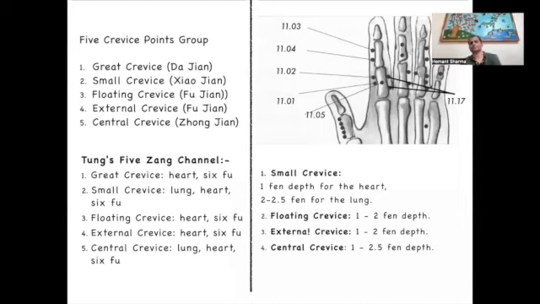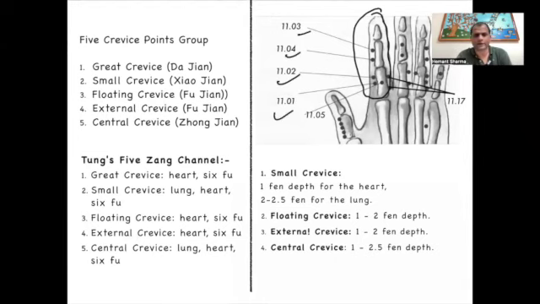Let's move ahead. Now I want to discuss a few more points. Definitely I will be discussing many points available in the index finger. In the index finger, there are many points. They are very wonderful.